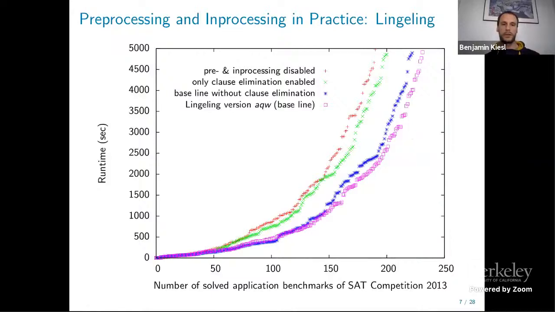What we see here in particular is on the very left, the red solver was Lingeling with all pre- and inprocessing disabled. And on the very right, we have a version with most of the important preprocessing and inprocessing techniques enabled. The main takeaway from this is just that there is a significant improvement that is caused by preprocessing and inprocessing. So even though it's not clear what you should do in general, you can get a nice speedup by doing preprocessing and inprocessing in practice.